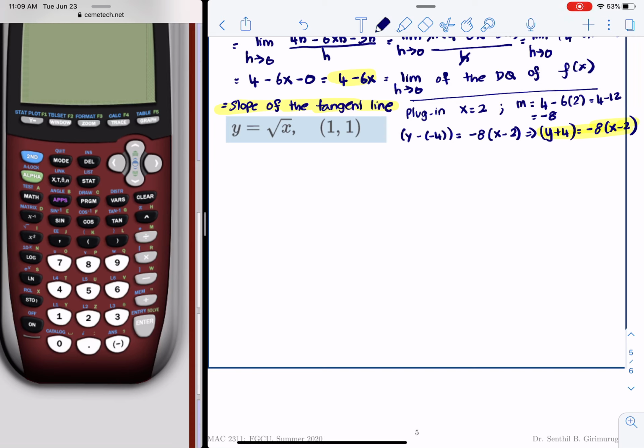So here we have y equals square root of x, and we have 1, 1. Let's do the same thing. Limit h approaches 0, the difference quotient. So limit h approaches 0, f of x plus h minus f of x divided by h would simply be the slope of the tangent line.